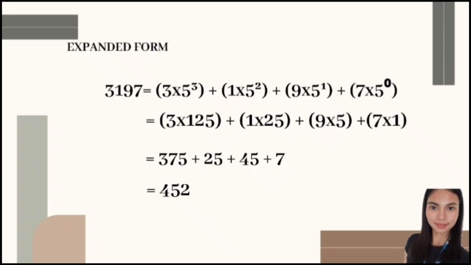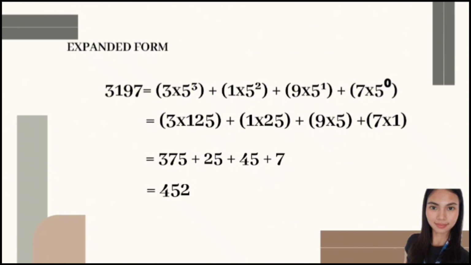In the expanded form, in the given example in the PPT, you have 3 times 5 to the power of the place number of 3 minus 1. The place number of 3 is 1, 2, 3, 4. 4 minus 1 is equal to 3. So, 3 times 5 cubed, plus 1 times 5 squared, plus 9 times 5, plus 7 times 1.